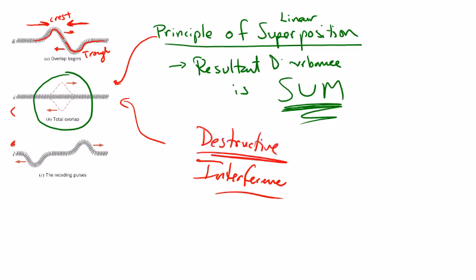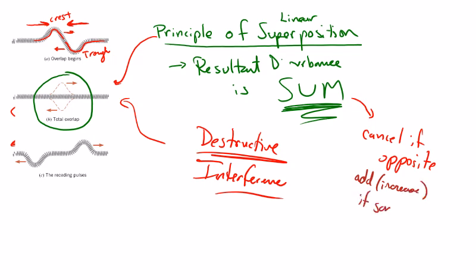And so it's still a sum, but they can cancel if opposite of each other, just like they are going to add or increase if same direction. So that's what we're dealing with.